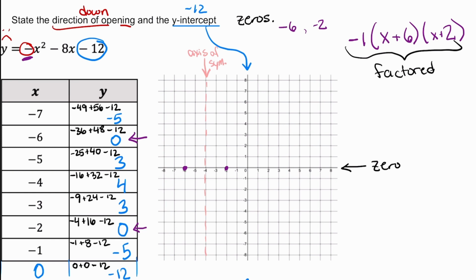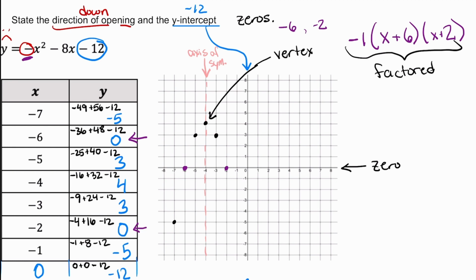So then let's add the rest of our points in. So at -7, our value is at -5. At -5, the value is 3. At -4, the value is 4. And since it's on our axis of symmetry, this is also our vertex. At -3, the value is 3.